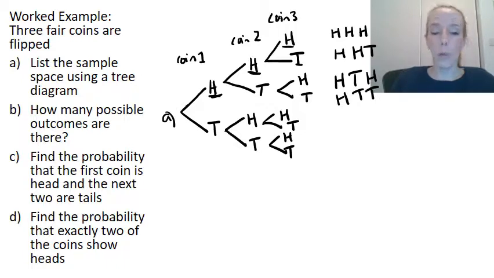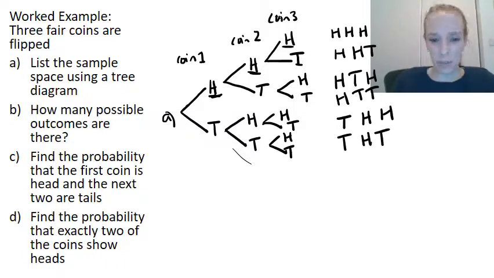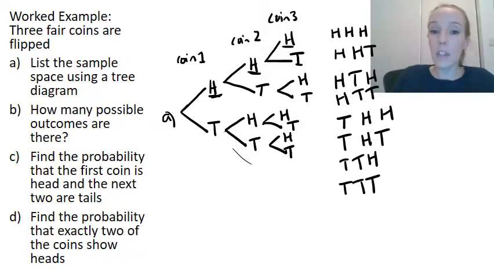So they are all the options from that first branch if you flip heads first. We've also got that second branch where if you flip tails first, you can get heads and then heads, or it could go to tails, heads, tails, tails, tails, heads, tails, tails, tails. So you're just following each of those branches out to find your sample space, all the possible outcomes. I'm probably writing on my face now, I can't see.